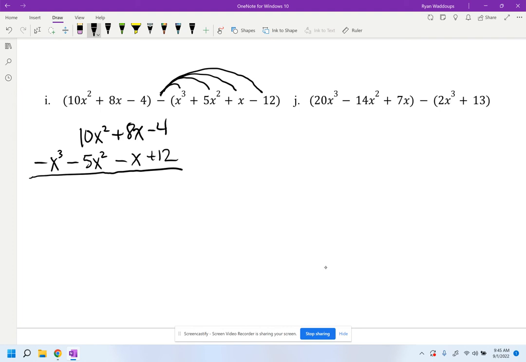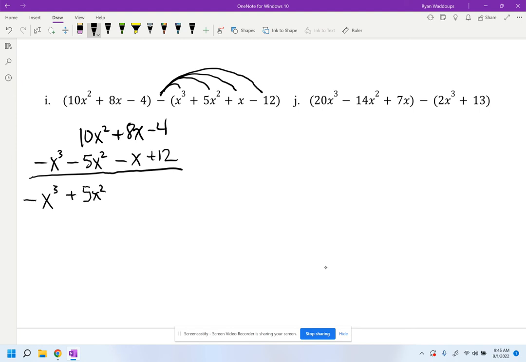I just combine. Negative x cubed remains the same. 10x squared minus 5x squared is plus 5x squared.